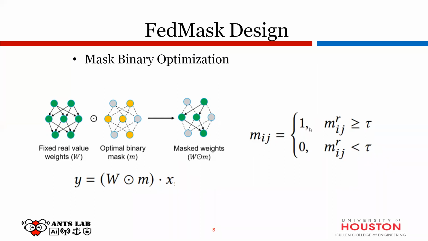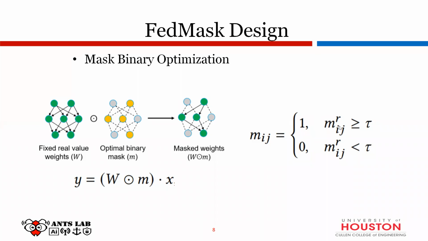It will be 1 if the original real-valued mask is over a threshold, and it is 0 if the mask is lower than the threshold. This real-valued mask is predetermined basically.